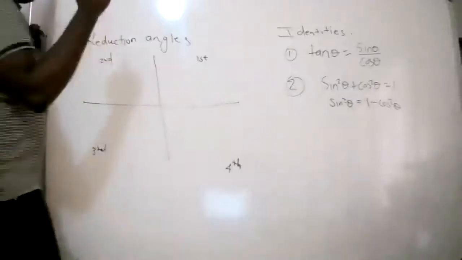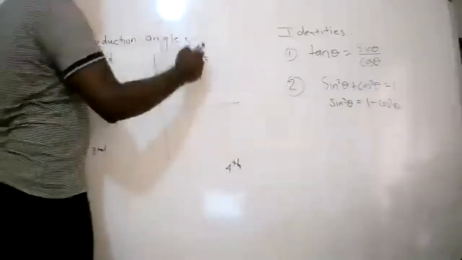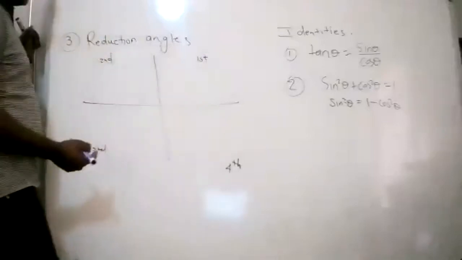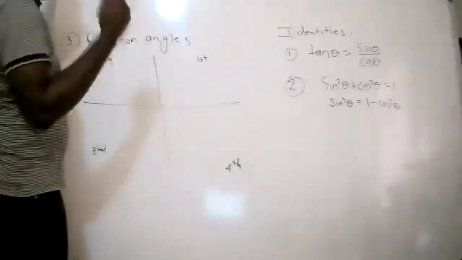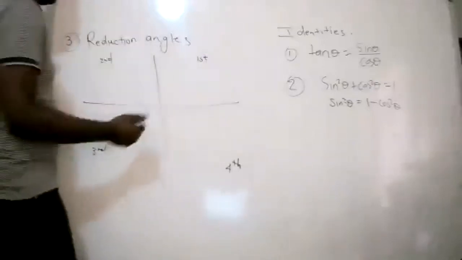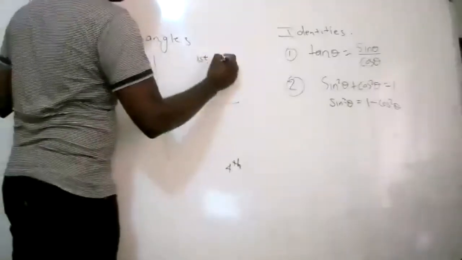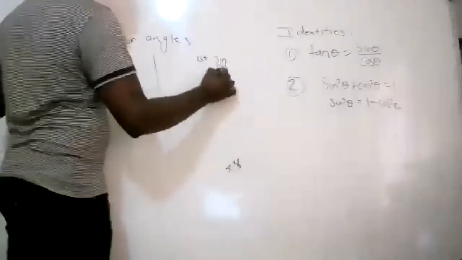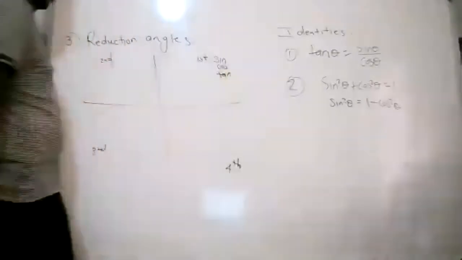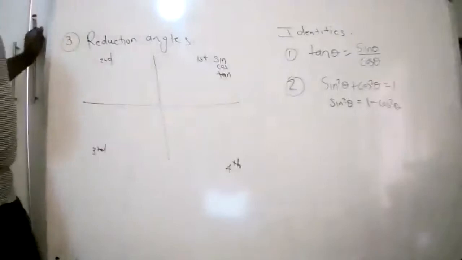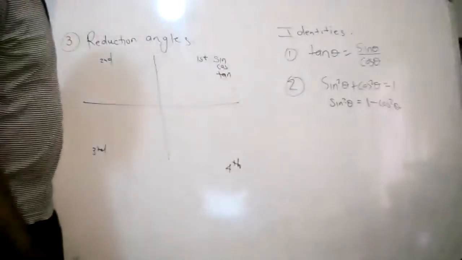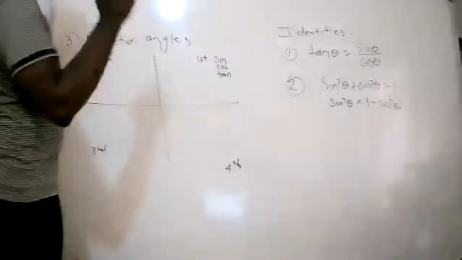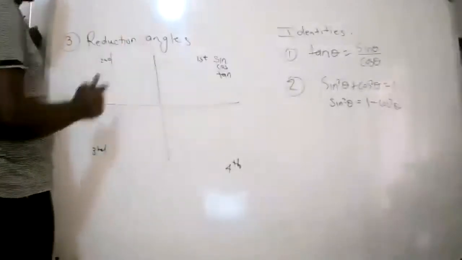So on the first quadrant, all trig ratios are positive. Let me repeat this statement: on the first quadrant, all trig ratios are positive. So if we talk about the trig ratio of sine, of cos, of tan, all these three trig ratios are positive on the first quadrant. And then on the second quadrant, only one trig ratio is positive.